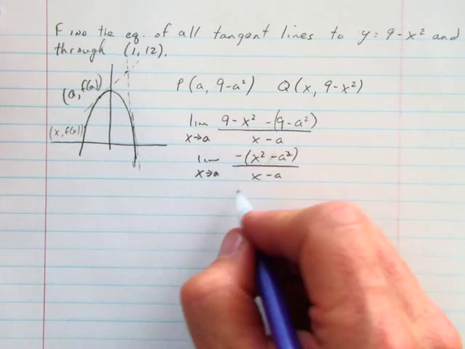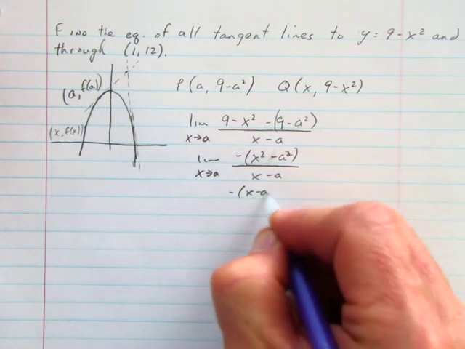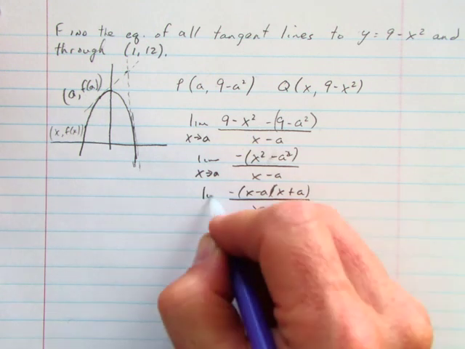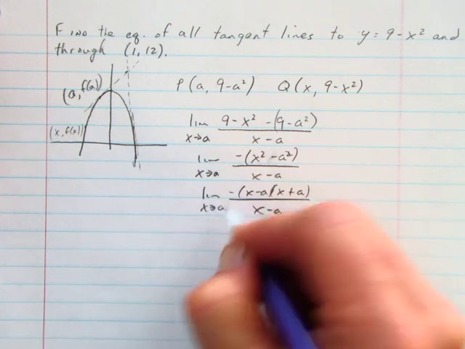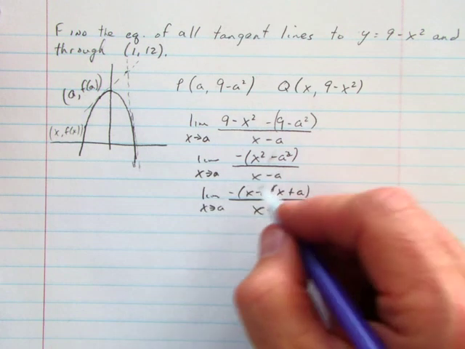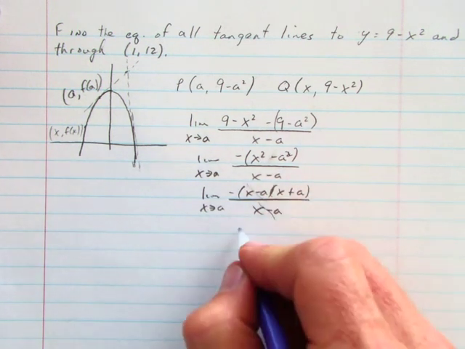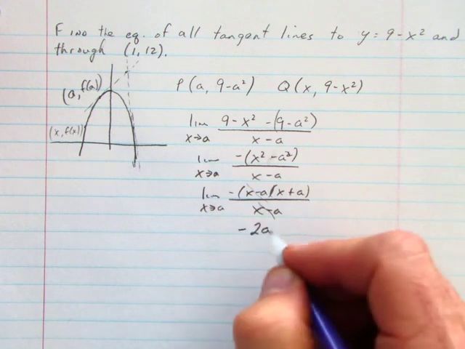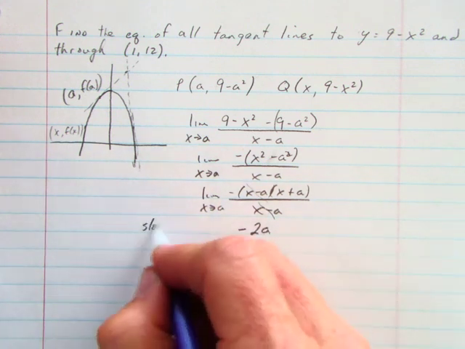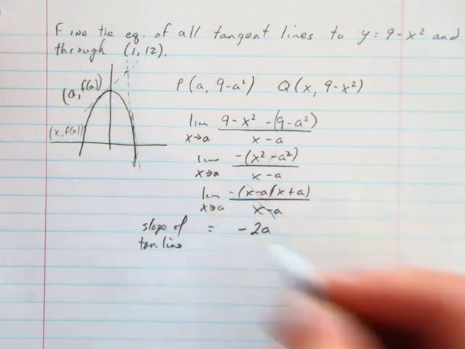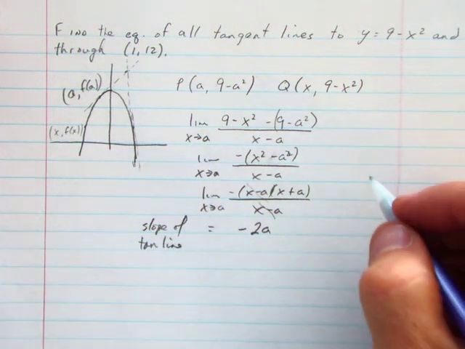Now we can factor that out at the top. We have x minus a times x plus a over x minus a, and the limit as x goes to a. Remember, we're going to need to write the limit every single time. We can reduce this out, and we can now find this limit, and we get negative 2a. So what this is saying is the slope of the tangent line equals negative 2a.